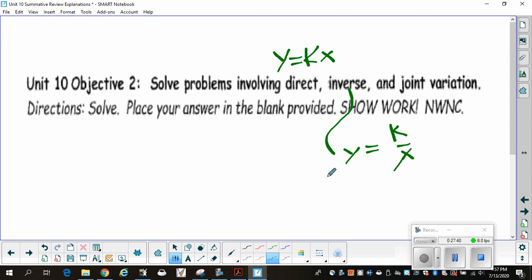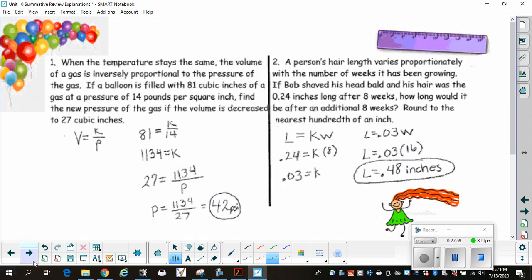Joint variation is where you have y equals kzx, where z and x are both variables. And then you can also have combined variation, where you have something that is both joint and direct.